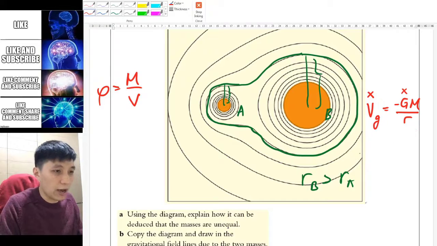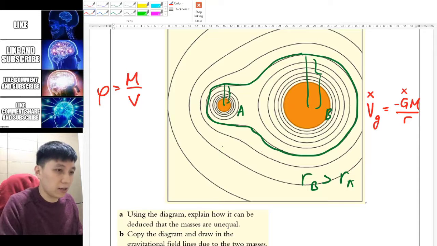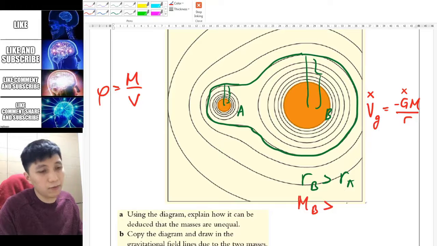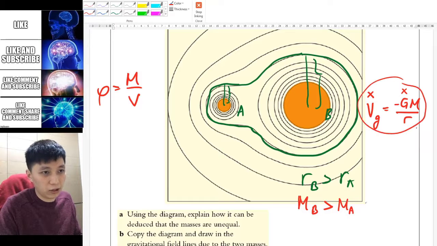And then we have the radius of B longer than the radius of A, or more precisely the distance. So in other words, you should find the mass of B also bigger than the mass of A. That's the mathematical relationship. For example, B is bigger, so an upward arrow, then the mass of B should also be bigger, so that the other two can be constant.